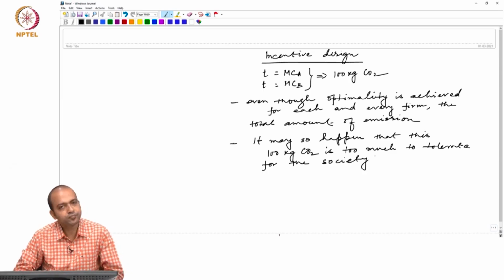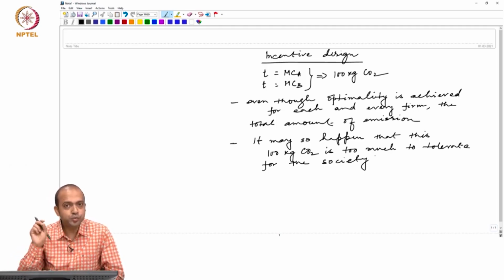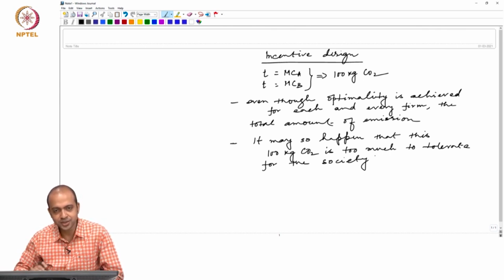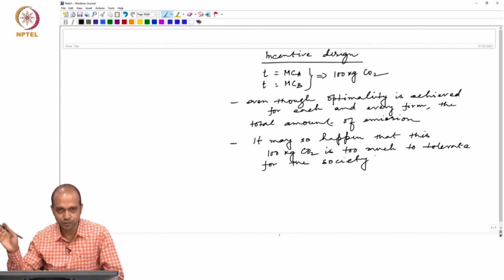Is this fine? How much total pollution would be generated due to a specific tax rate in an industry is unknown to the policymaker at the beginning when deciding about the tax rate.